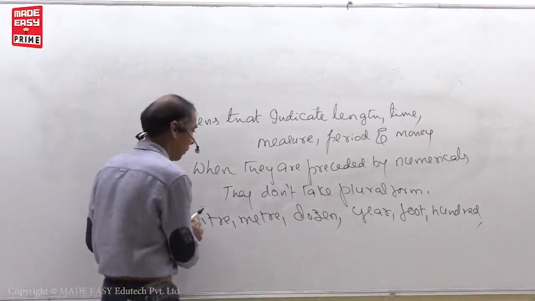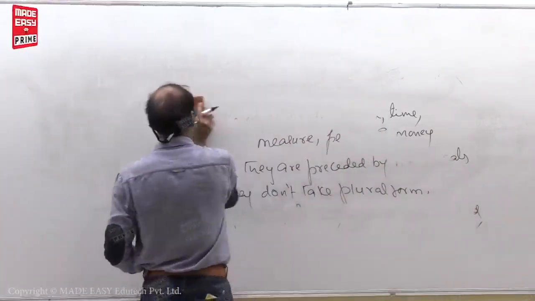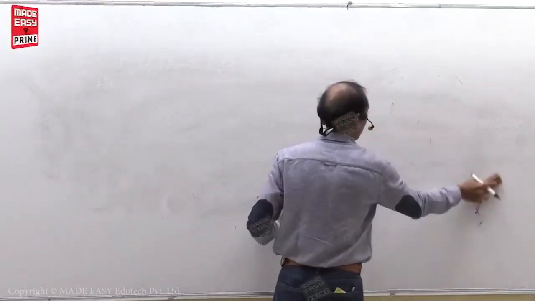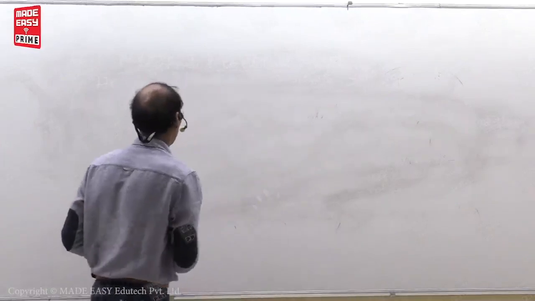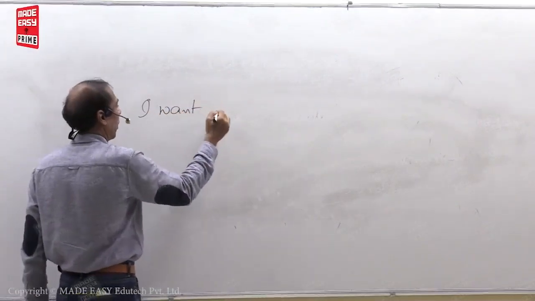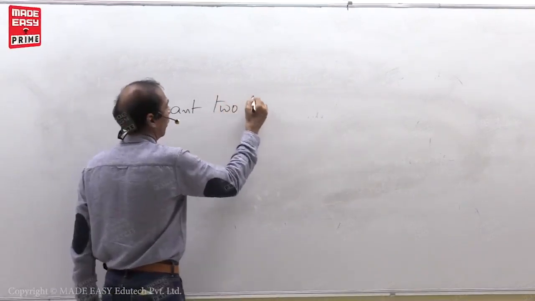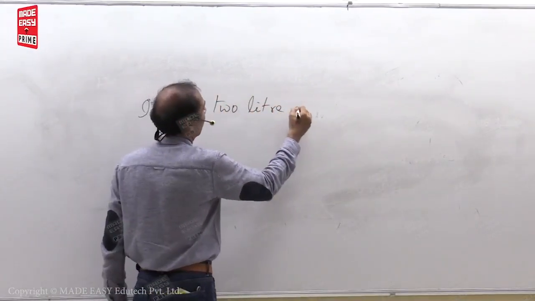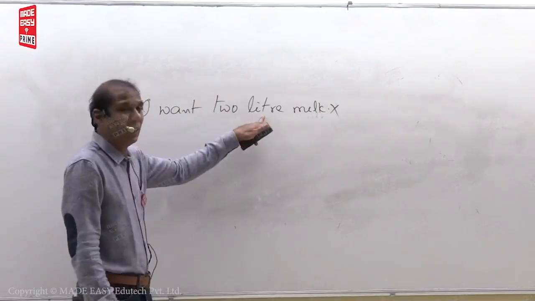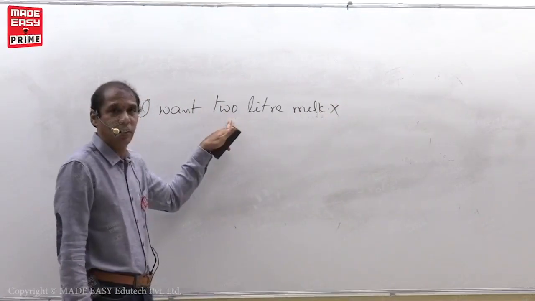For example, observe. I want 2 liters milk. Wrong. Liter is indicating measurement here, right?